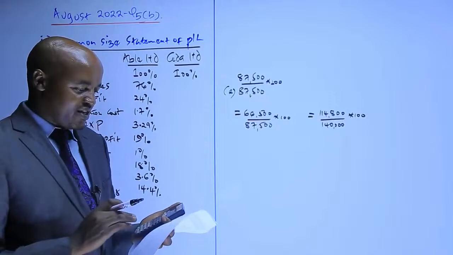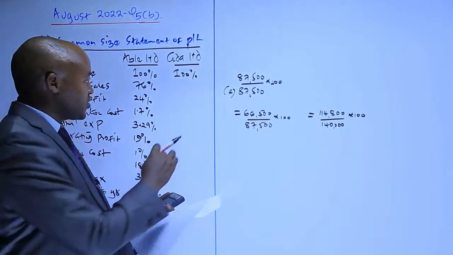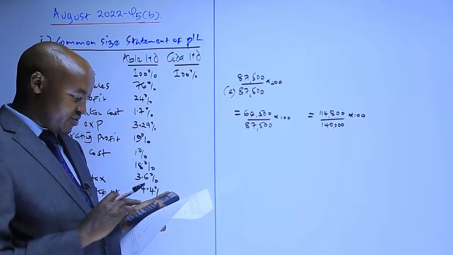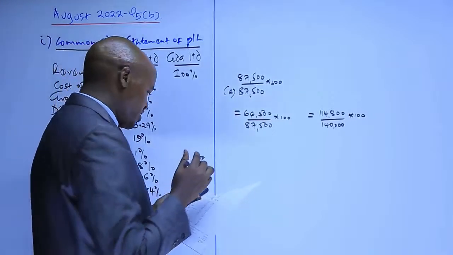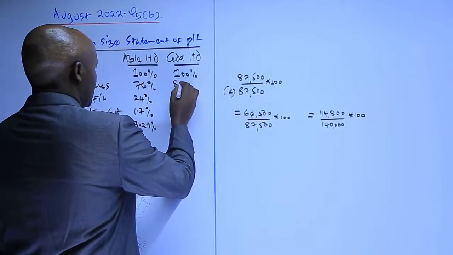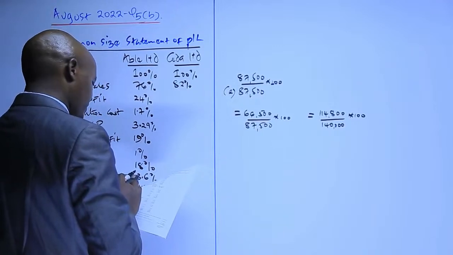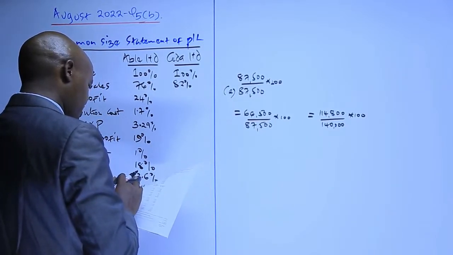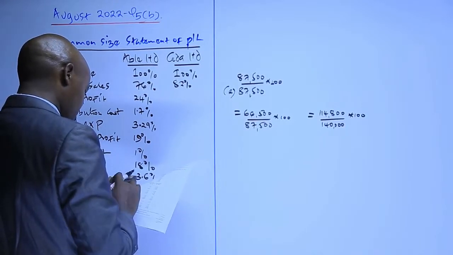We express everything as a percentage of the revenue for Cedar. So we go to the cost of sales here, which is 114,800 divided by revenue, which is 140,000 times 100. That will give us 82%. What about the gross profit? 25,200 divided by 140,000 times 100.